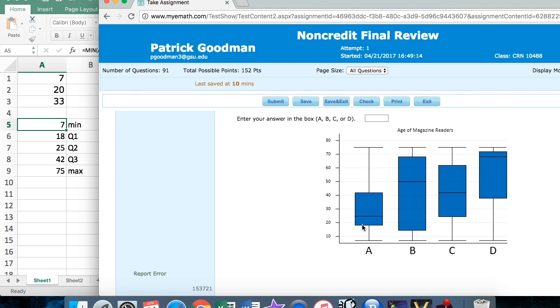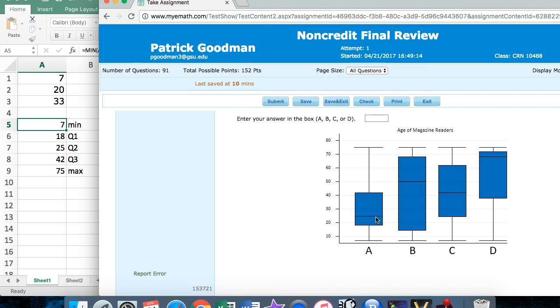I'm leaning more towards A. C is above 20, right? So definitely not C and definitely not D. So C and D, kill them right away. It's either between A and B, and I'm leaning towards A, because this bottom here, which is the Q1, looks closer to 18 than B is. B looks like it's closer to 15 or 16, but it's too close for us to tell right away.